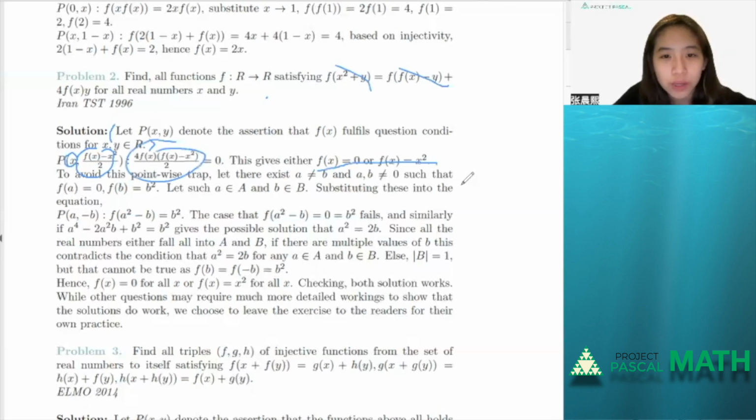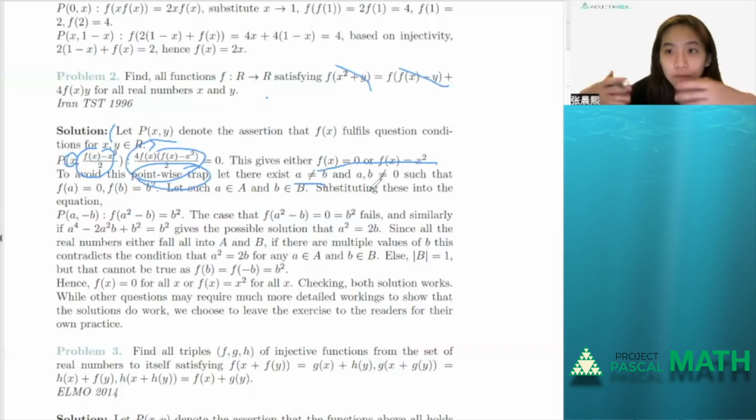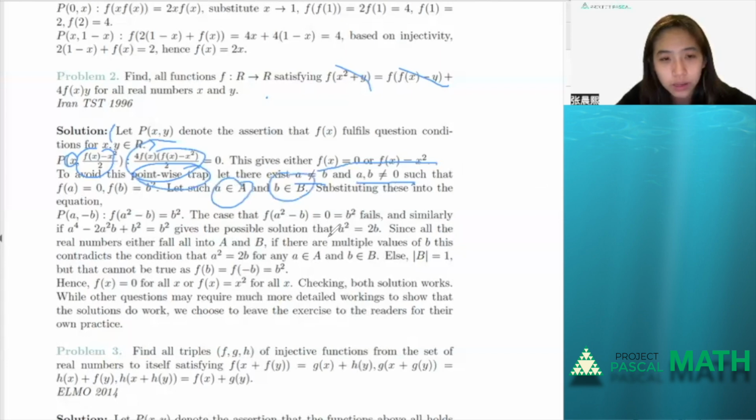And so now we apply this method called the pointwise trap. So we have to let there exist a not equals to b, because if a equals to b, then it's kind of pointless, because the function cannot be equal to two different values. And ab not equals to 0, because when ab equals to 0, then they sort of fulfill the same criteria for both. And so now you consider two different sets. So a belongs to the set A, where all the solutions correspond to 0, and b corresponds to b squared.